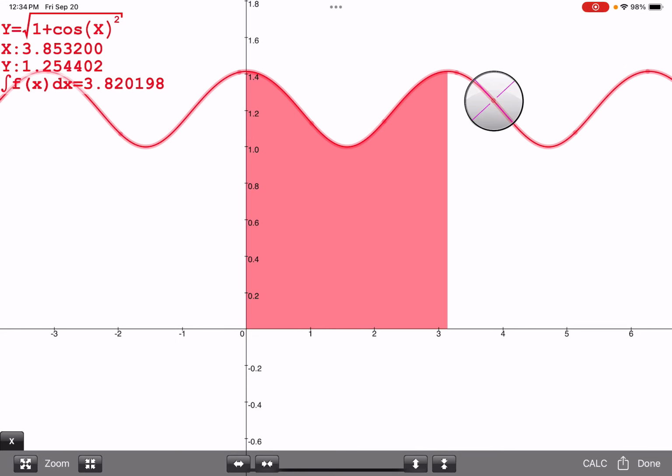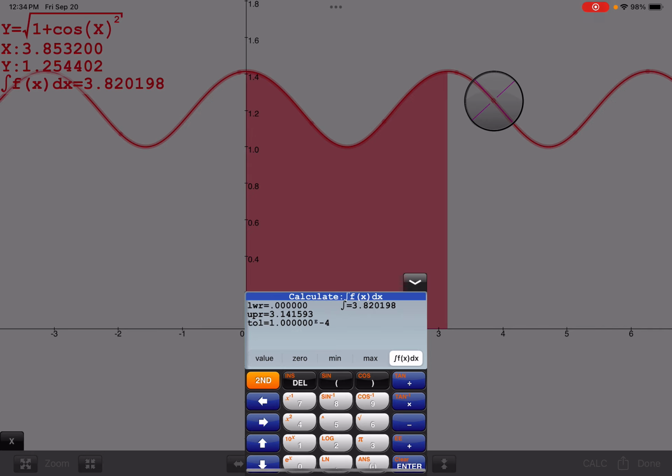But on this one, I just go to calculate and ask it to integrate from 0 to pi. And then enter. And it says the integral is 3.80198, just by where that little arrow is pointing down. So that's the exact same thing that we got. So that seems like we're done with this one.